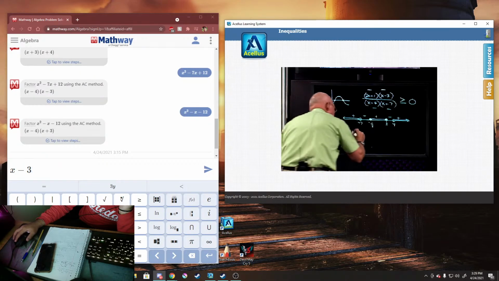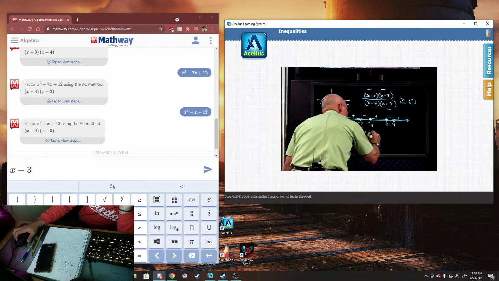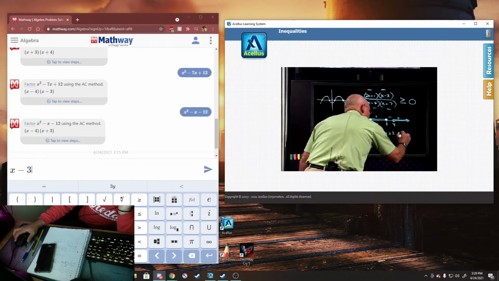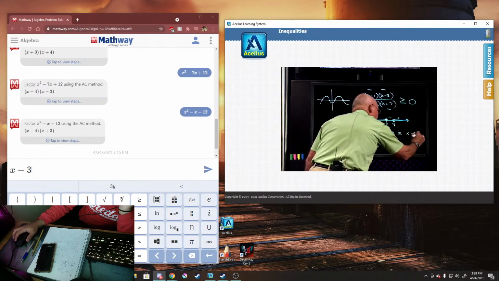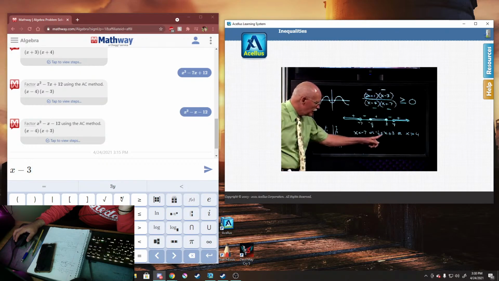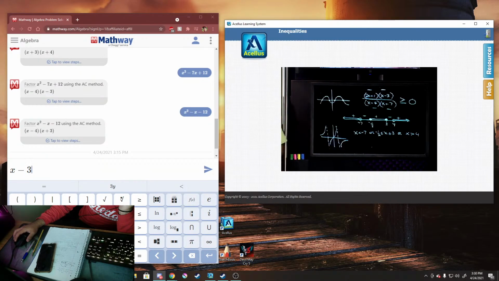Now, if you want to write it as inequalities, you could say x is less than negative 7, or x is in between negative 1/2 and positive 3, or x is bigger than 4. Notice I included the negative 1/2 and the positive 3, but I didn't include the 4 or the negative 7.